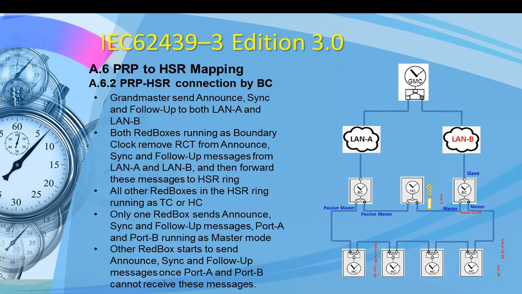Here is the message flow. The grandmaster sends out sync and follow-up at the same time to line A and line B. Line A forwards sync A and follow-up A to the RedBox on the left side.